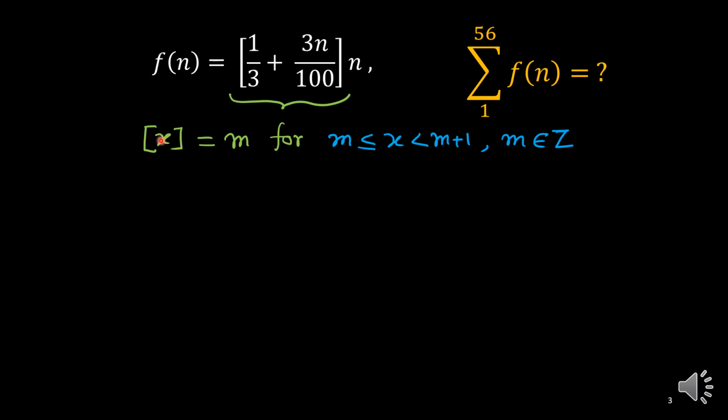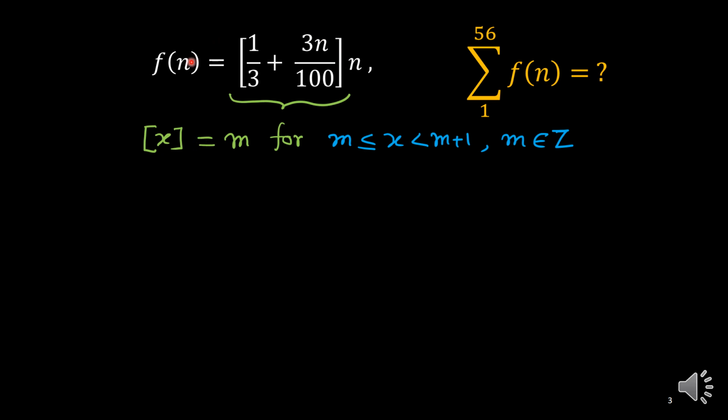Similarly for 3.7, it will be only 3. So we'll just discard the decimal part and only consider integers. This is the concept of the greatest integer function. We have discussed this in detail in a previous problem, so you can follow that one.